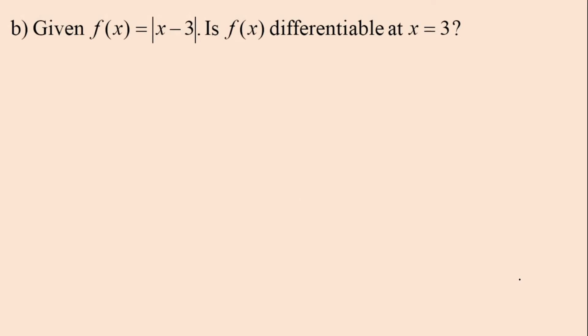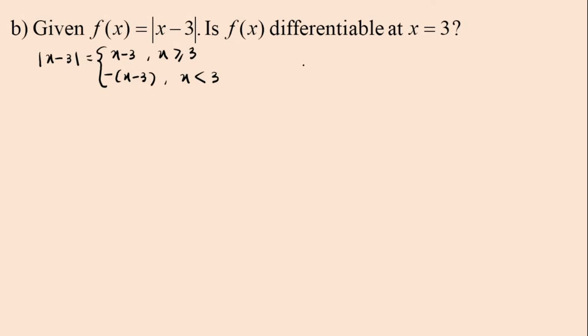Okay, now part B. Given we have f(x) equal to the absolute value of x minus 3, and we have to identify whether f(x) is differentiable at x equal to 3. So the tricky part here is basically we have an absolute value function. So whenever you have an absolute value function, you have to define your function first. So our function would be positive x minus 3 whenever we have x at least 3, and we will have negative of x minus 3 for x less than 3.